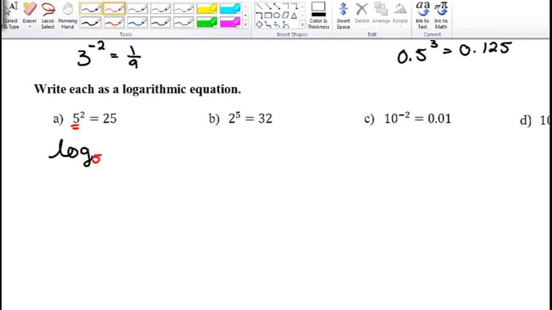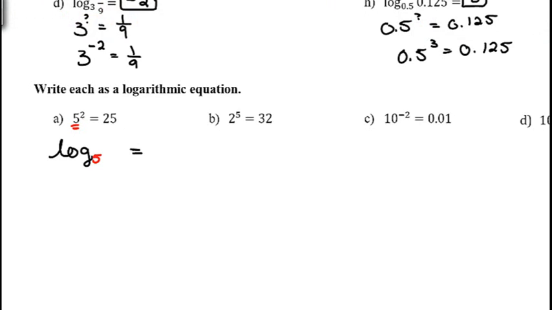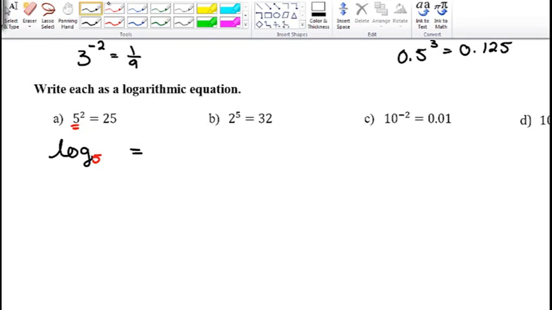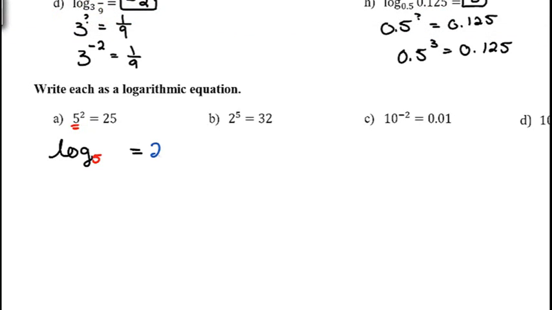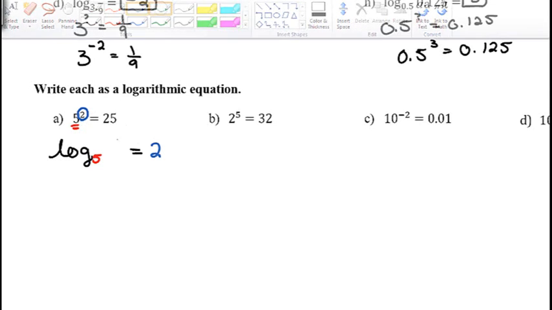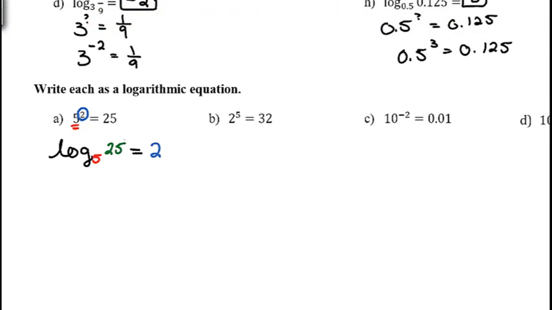Logs are equal to exponents, and the exponent of this is 2, and so this log is going to be equal to 2. And then there's only one other number to put in its place, and that's the 125.